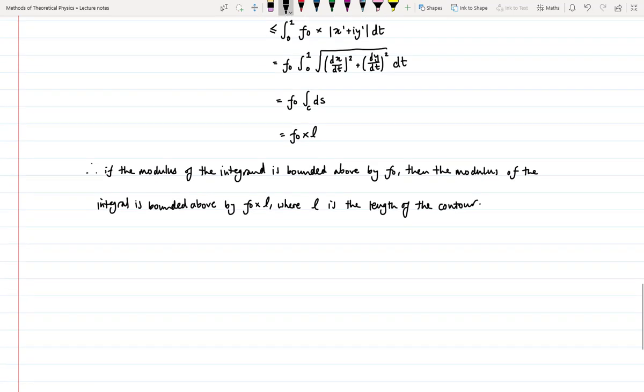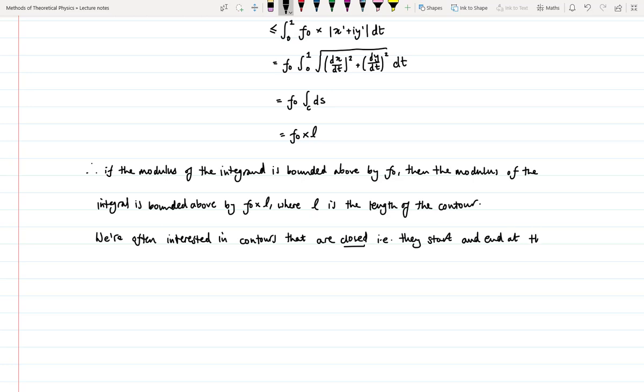A final point to end this video. We're often interested in contours that are closed. And what we mean by that is that they start and end at the same point. And the contour forms a closed loop.